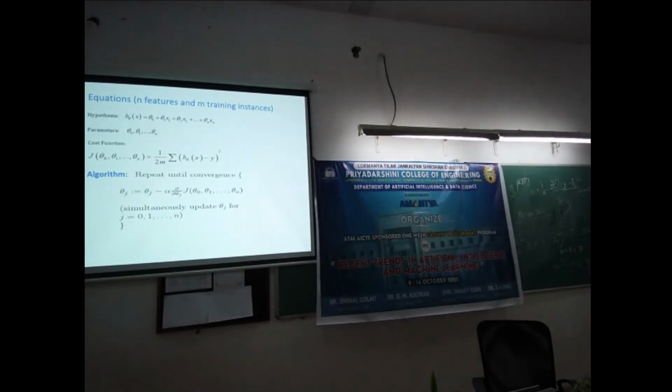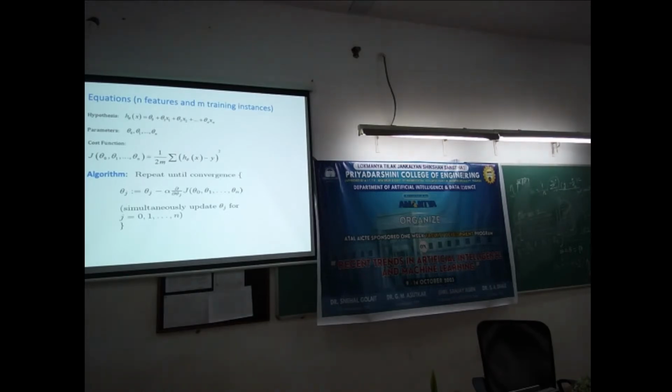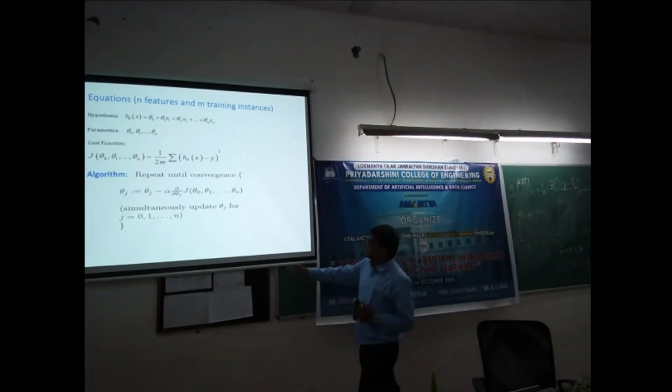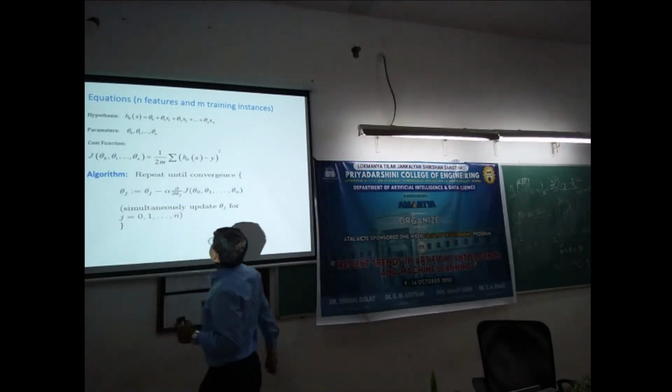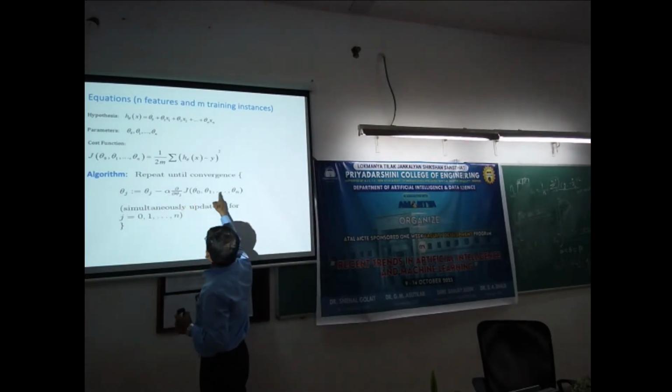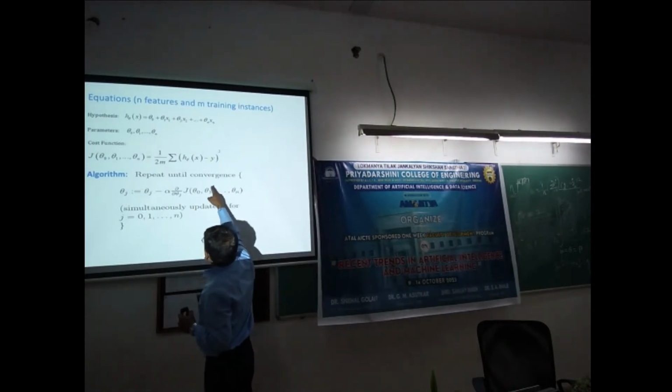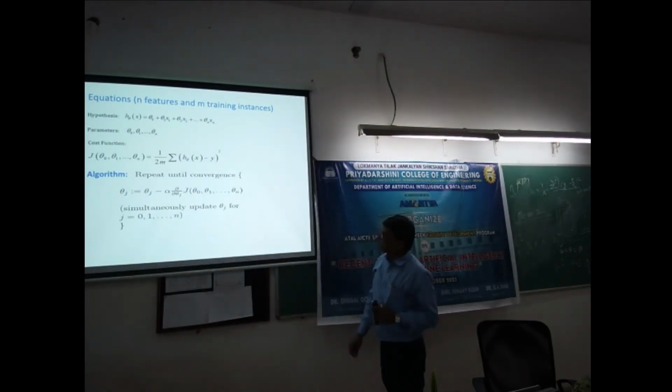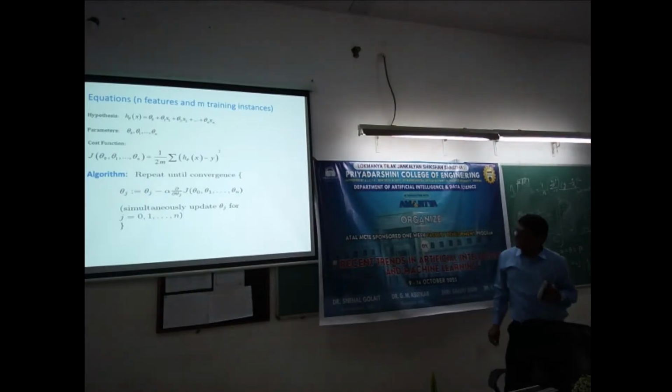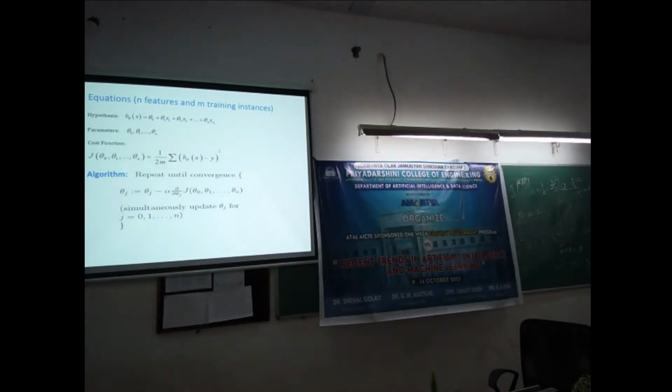Okay. So the algorithm is what? Repeat until convergence. You have to update theta j, for j equal to 0 to n. So what is theta j? It is basically obtained by differentiating this objective function, which is written as a mean squared error, with respect to theta j, for j equal to 0 to n.